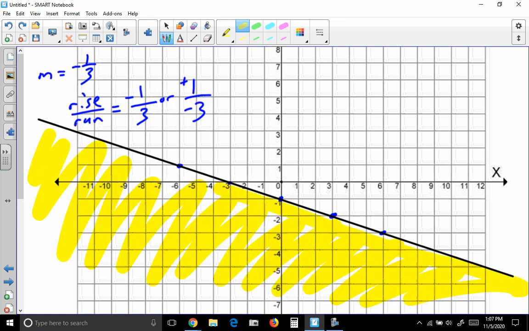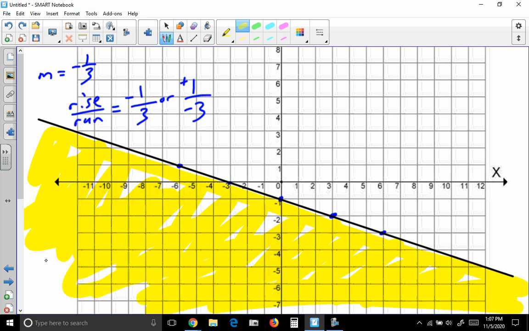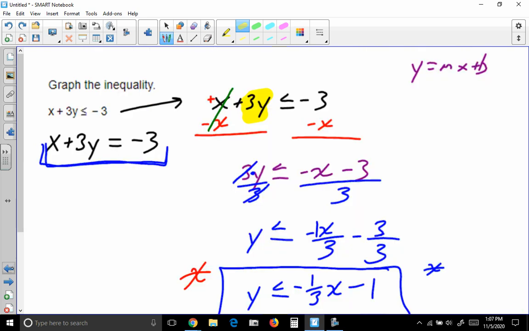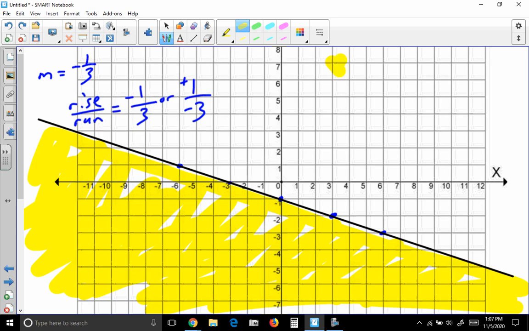So I suspect that we're supposed to highlight below it. Now, I'm going to check that just to be safe. And we can even go back to the original to be even safer. So the original is x plus 3y is less than or equal to negative 3. So if we test a point below the line, we could test this point, 1, negative 2, and that should be a solution.